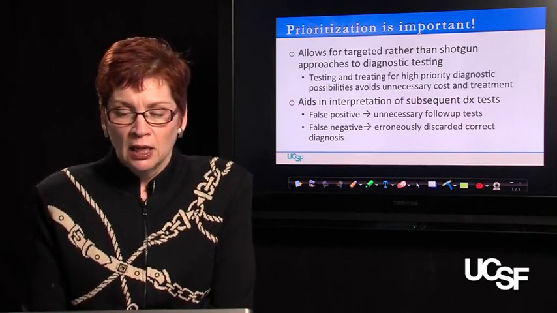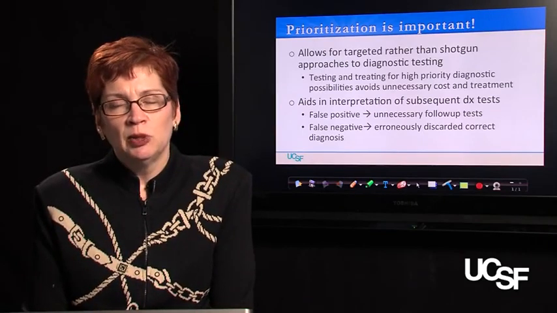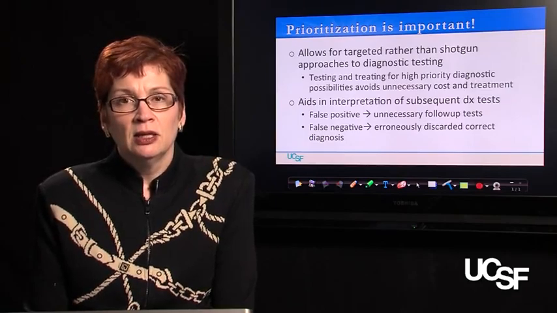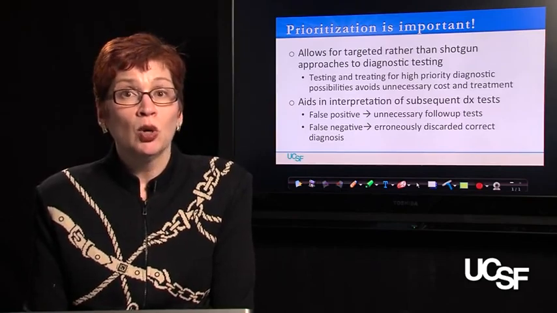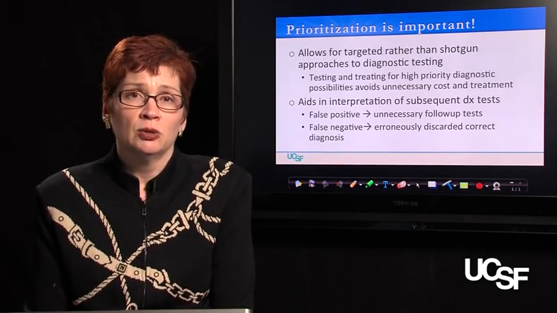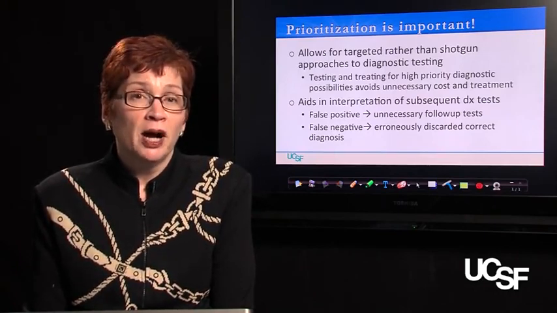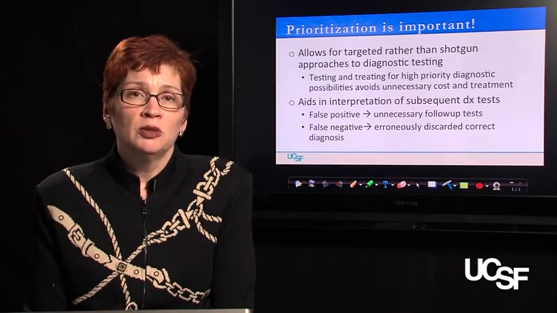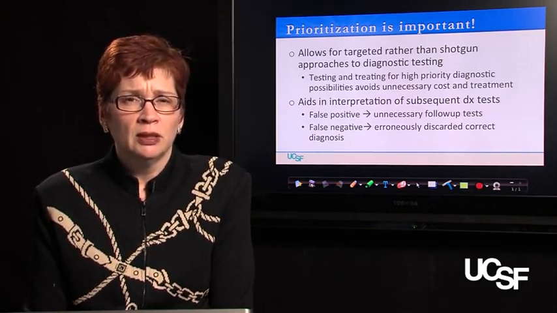Also, prioritization aids in the interpretation of subsequent diagnostic tests. There are really no tests that were 100% sensitive and specific, and we'll talk more about clinical decision-making using tests in the next module. So test results can lead to a false positive answer, which means that I think the disease is present when it really isn't, and that can result in more unnecessary follow-up tests or treatment.